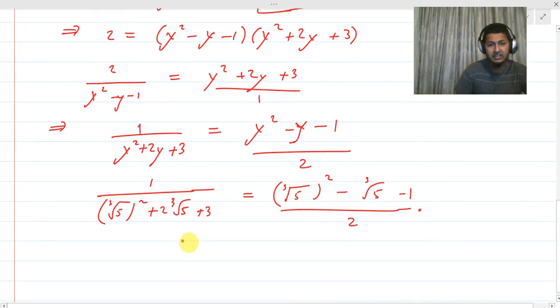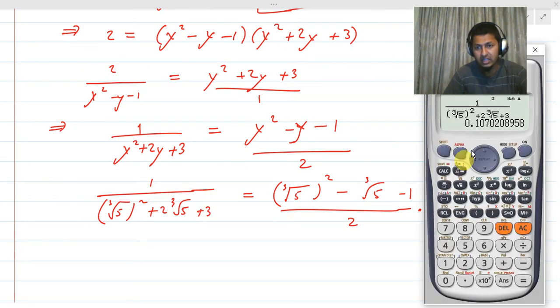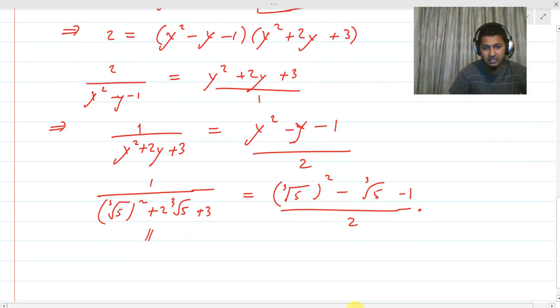So basically, how we know whether these two values are the same, if you check it out on the calculator, we have cube root of 5 squared plus 2 times the cube root of 5 plus 3.